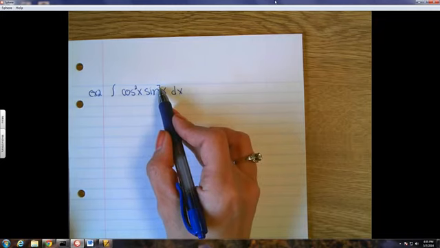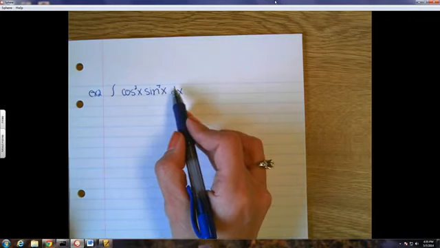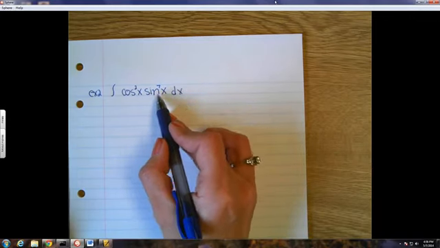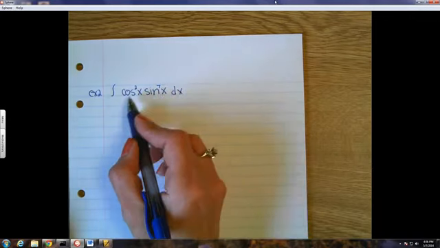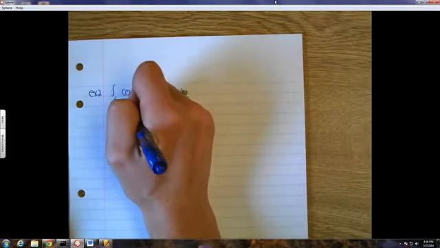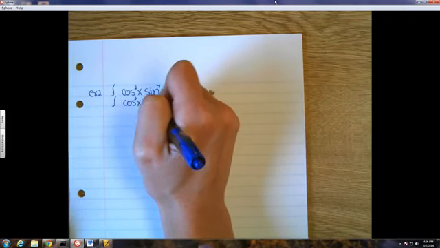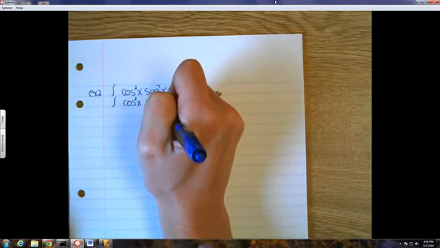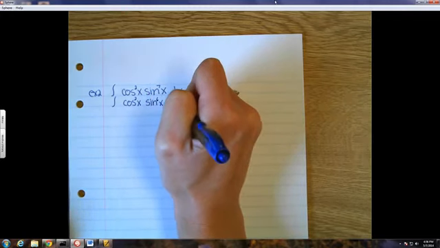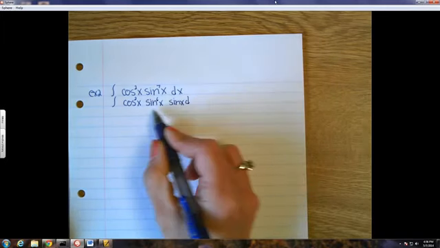So what I'm going to do is, the first thing you do is you steal one of these, associate it with the dx, and then write this as that power of 2. So this is just going to carry along for the ride for a while. So cosine squared. This I'm going to bring down to sine to the 6th. And make this other sine to the 1st over here next to dx, so I still have sine to the 7th.